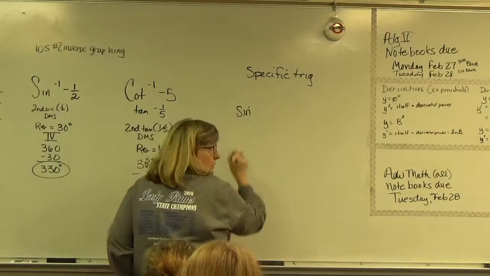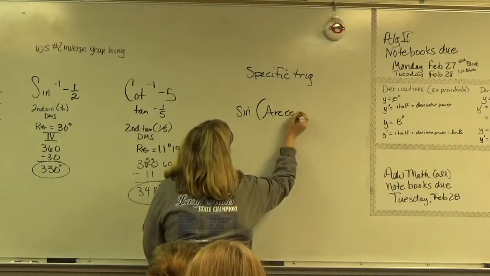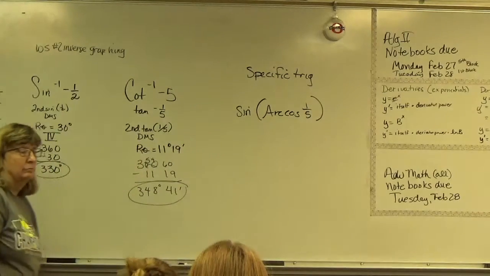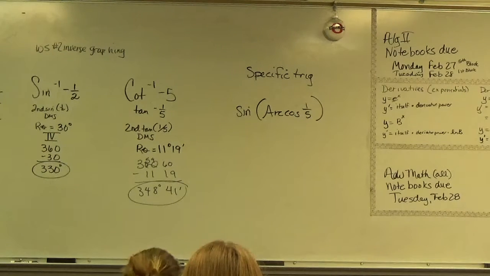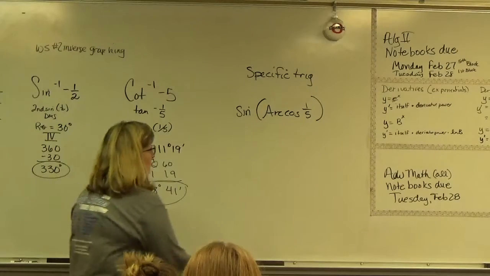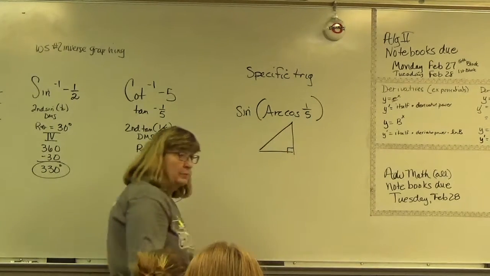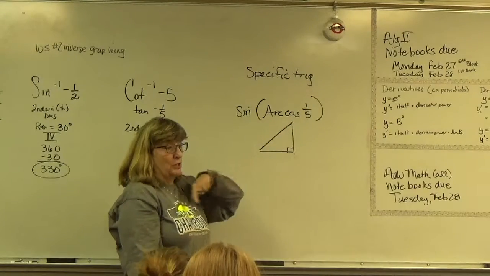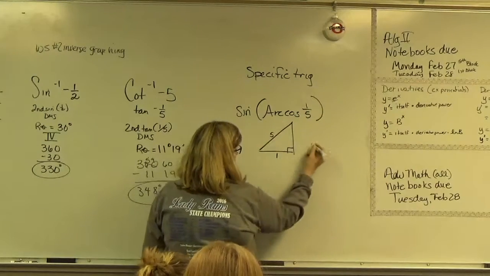The specific trig, right? What do I have to do, Mason? You have to do the cosine of the inverse of 1/5 first. Right, so you set up your triangle based upon the definition of the trig. So what's the definition of cosine? It's adjacent over hypotenuse. Good. So 1 and 5. So Pythagorean theorem.